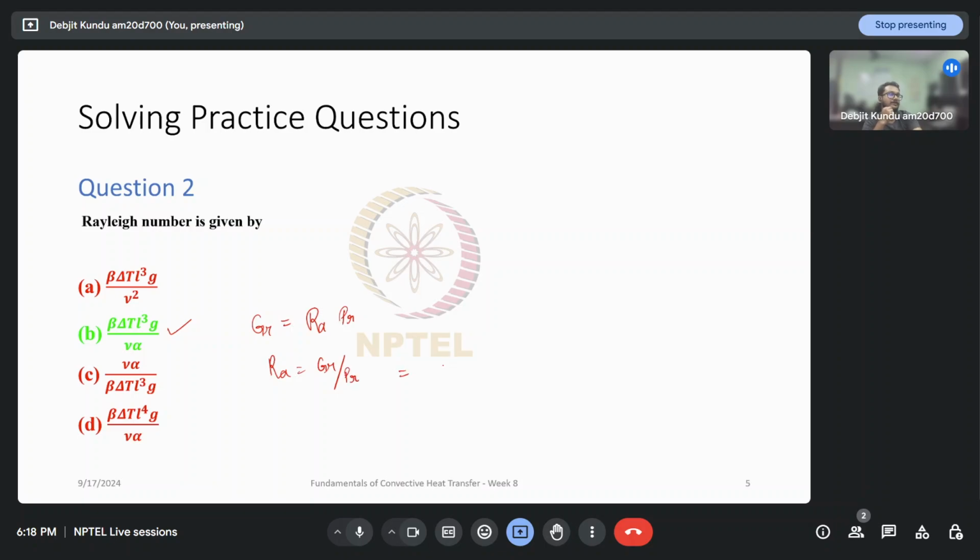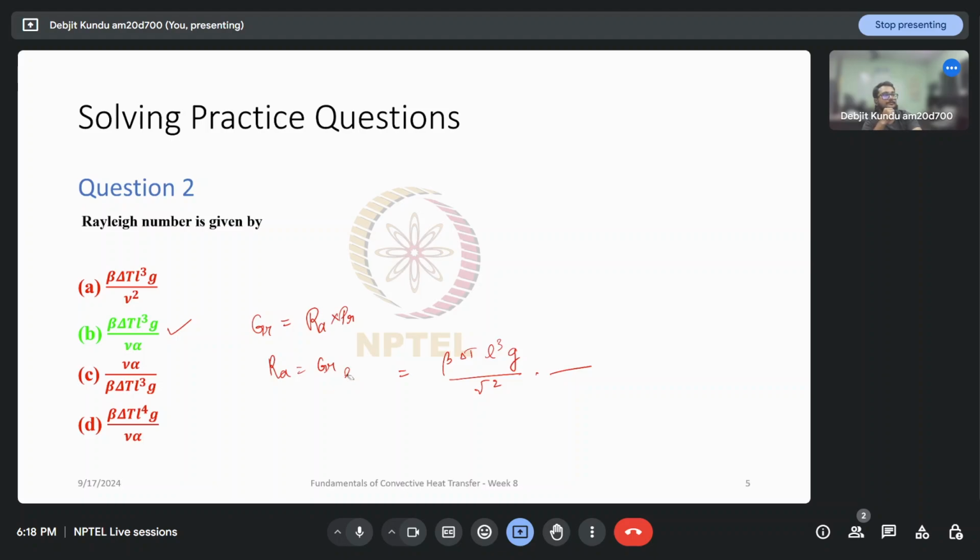So if we write down whatever we know, Grashof number is g beta delta T L cube by mu squared divided by Prandtl number. Sorry, it should be multiplied by Prandtl number.